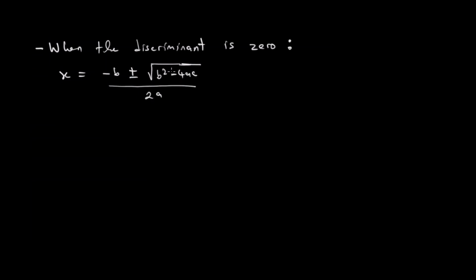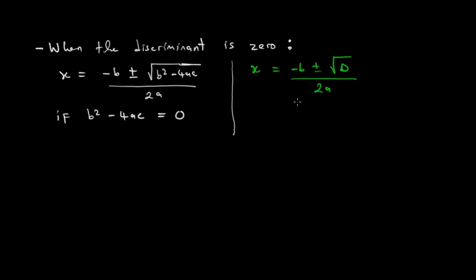So if b squared minus 4ac, our discriminant, is equal to 0, it would be more helpful to write x is equal to minus b plus or minus the square root of d over 2a, where d is equal to 0. It makes it a little easier. But writing the whole expression is important because you are going to see its applicability.